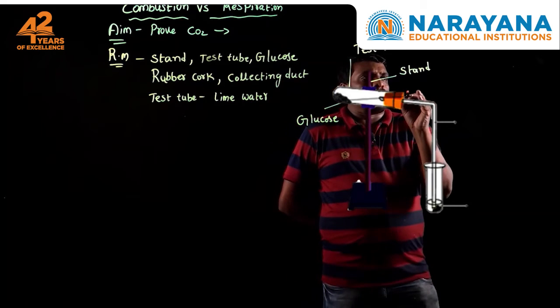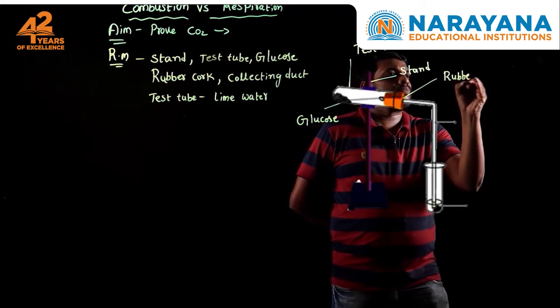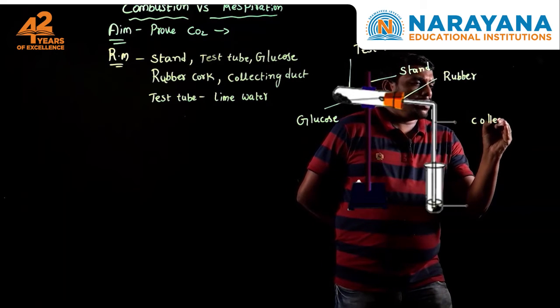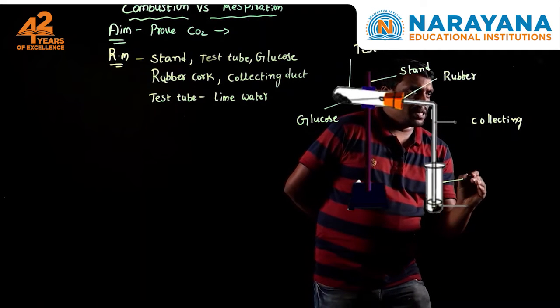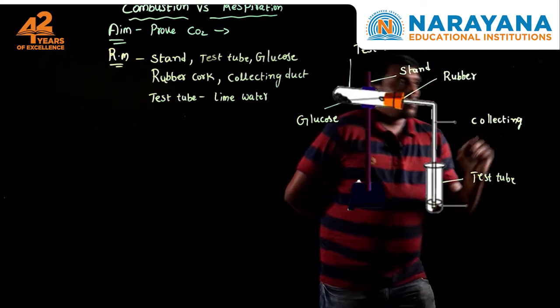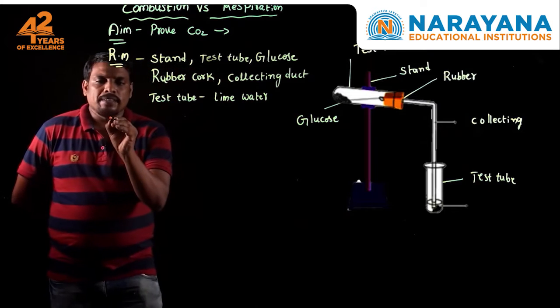You can see the rubber cork here, and this is the collecting tube, and another test tube with lime water. So these are the materials which we need, right?